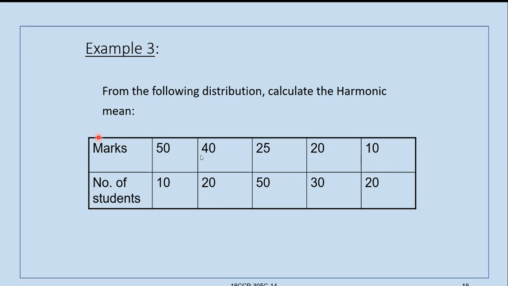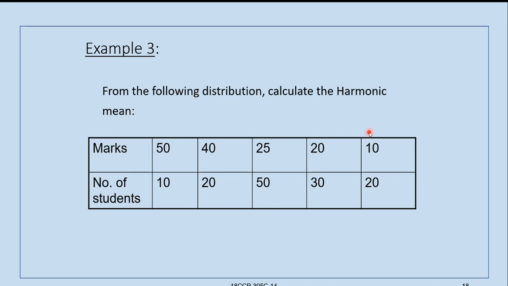That means for the marks series, we have to calculate the reciprocal. As I said, reciprocal means we will take 1 by 50, for this 1 by 40, for this 1 by 25, for this 1 by 20, and for this 1 by 10. So in the third column, we will take 1 by 50, 1 by 40, 1 by 25, 1 by 20, 1 by 10.